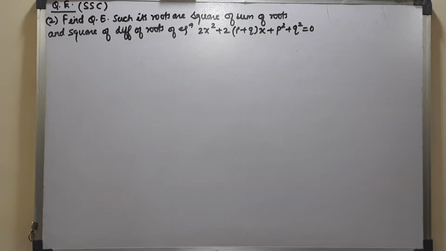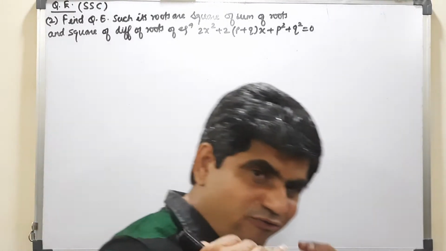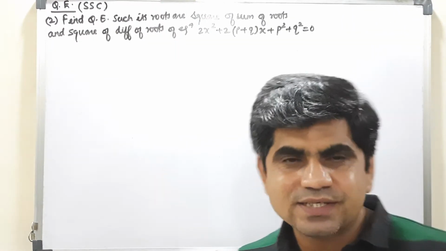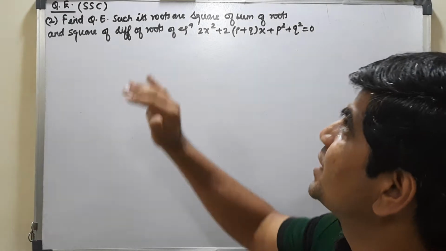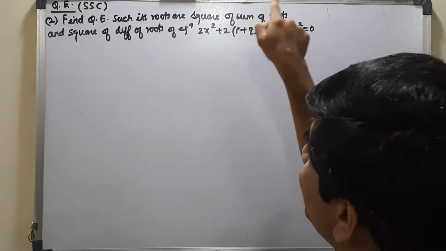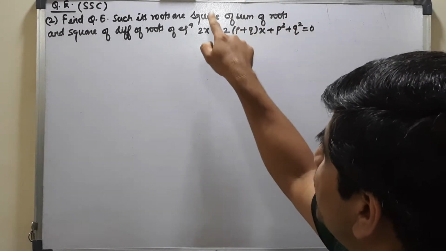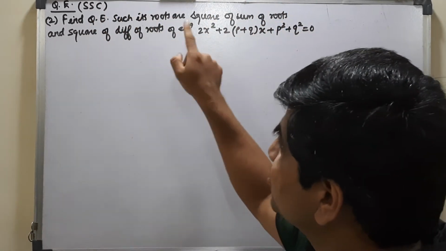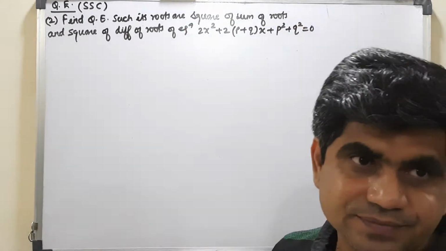Coming to the next question. Find a quadratic equation such that, that means you have to find a quadratic equation. What condition does it possess? That its roots are the square of the sum of roots and the square of the difference of roots of this equation.